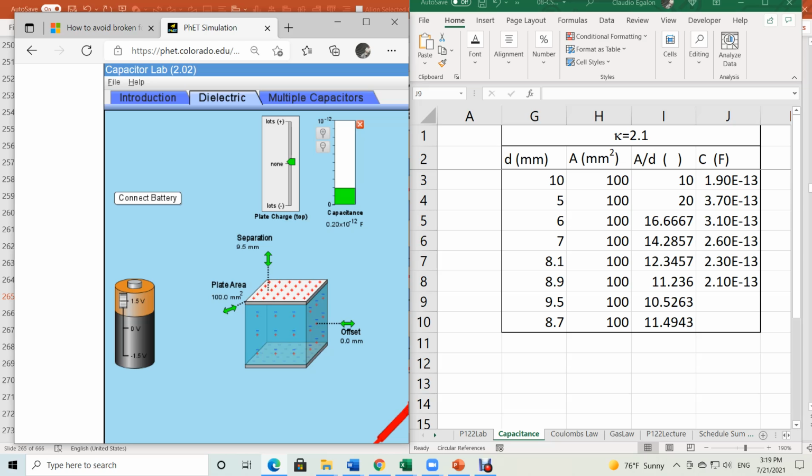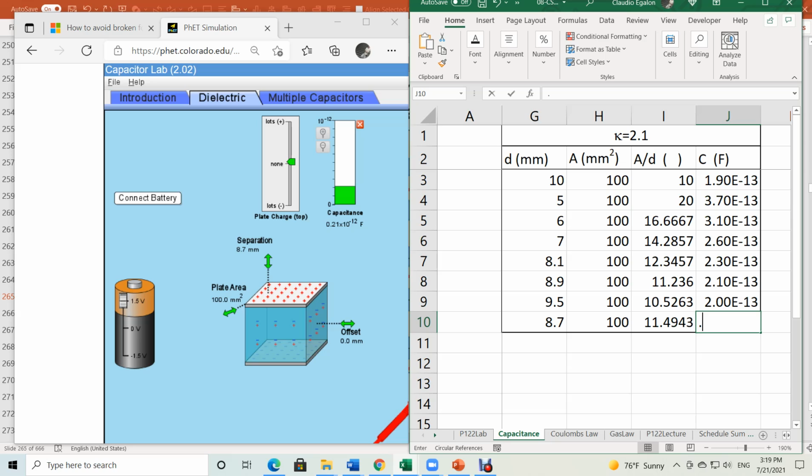Here you go. 0.2 times 10 to minus 12. And the last one is 8.7. Separation, go back to 8.7. Yep, 0.21 times 10 to minus 12. Here you go. Huh?